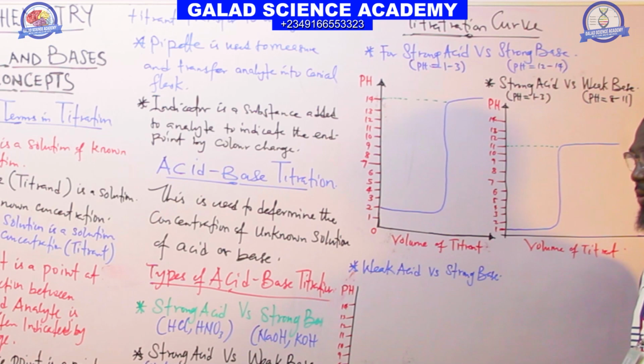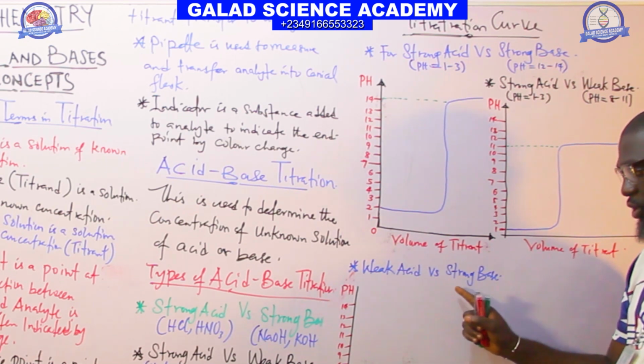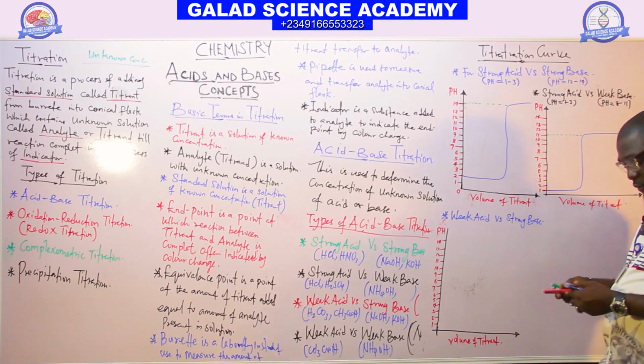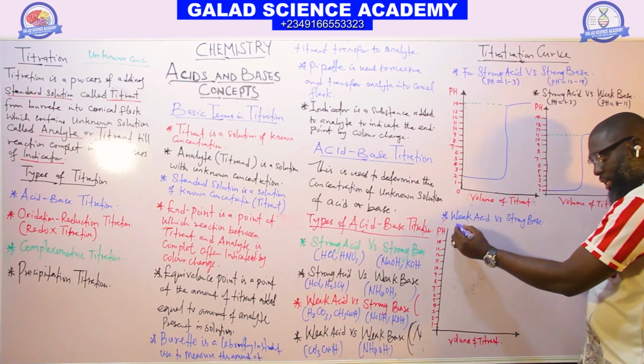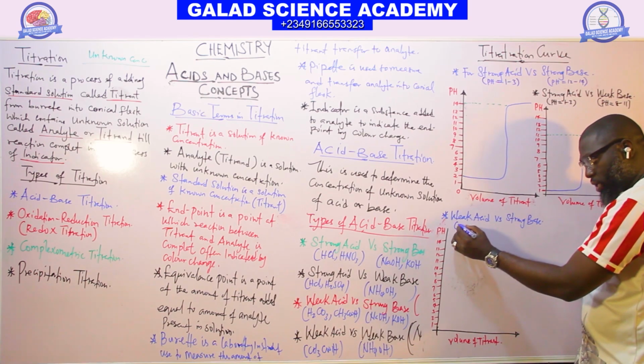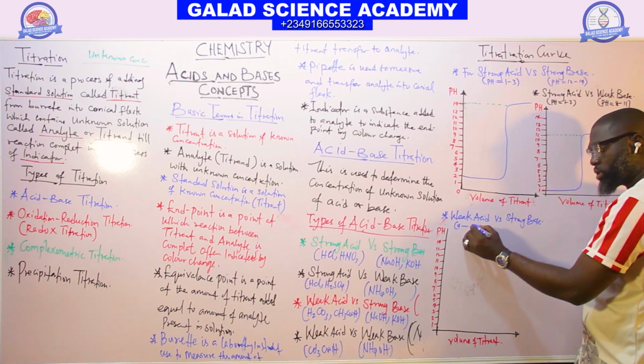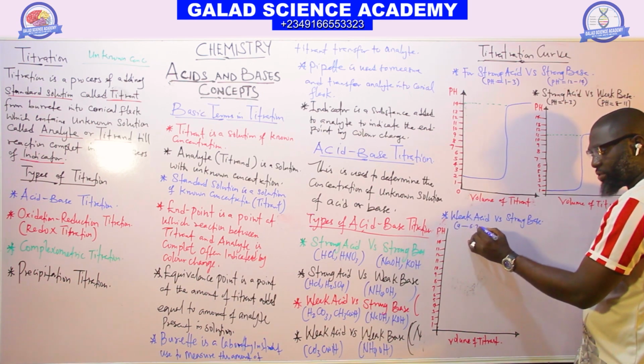So from this side now, weak acid versus what? Strong base. So the pH of weak acid is between 4 to what? To 6.5.